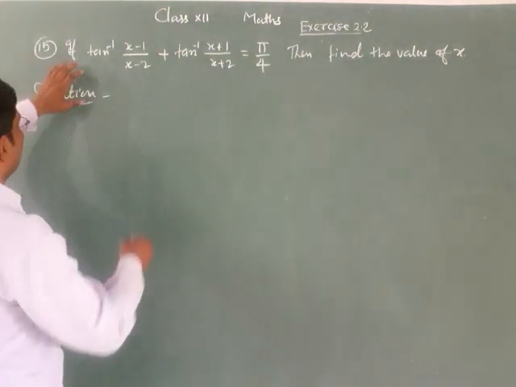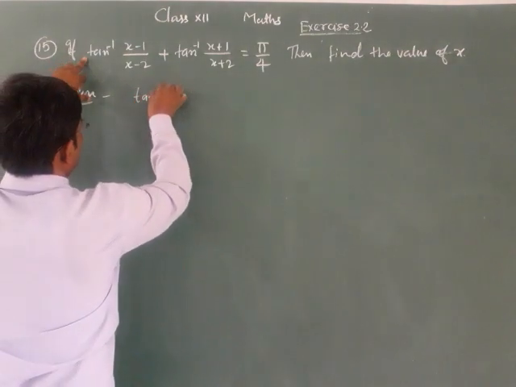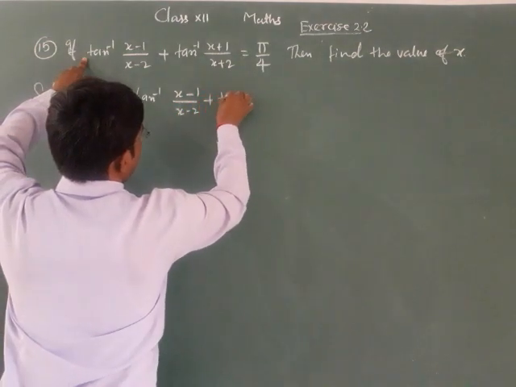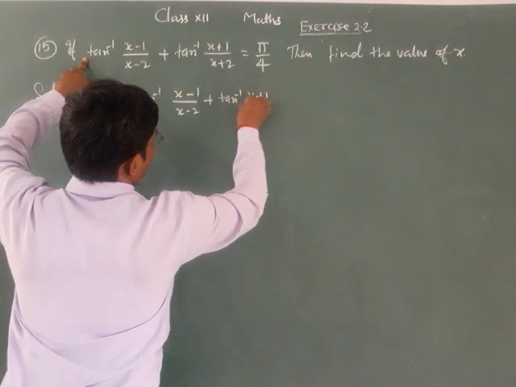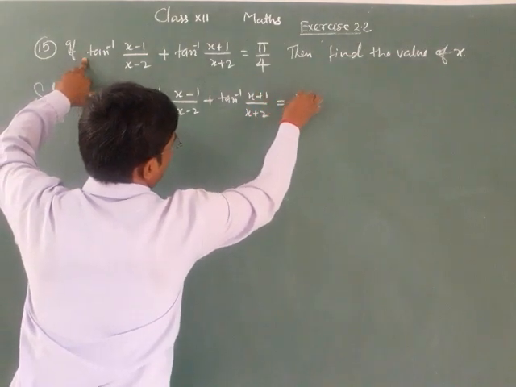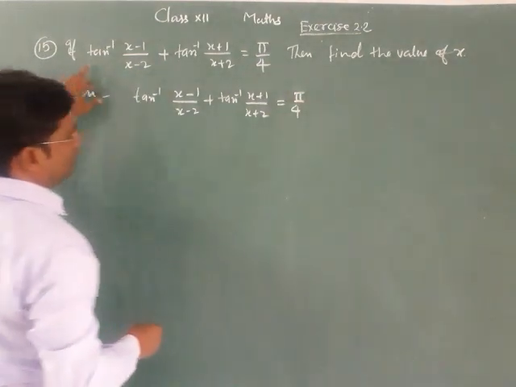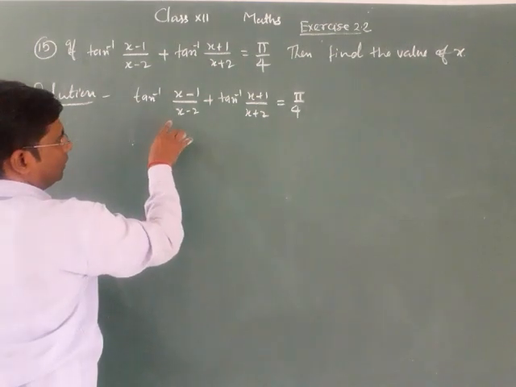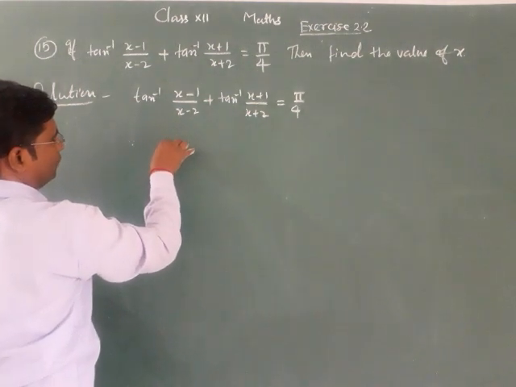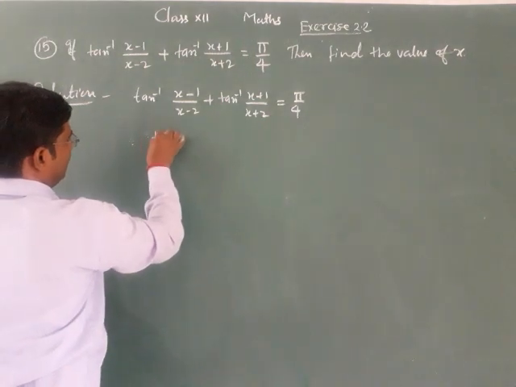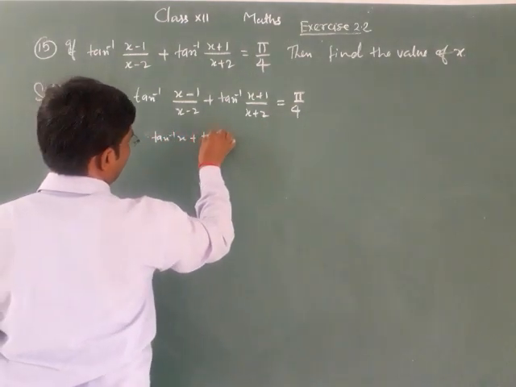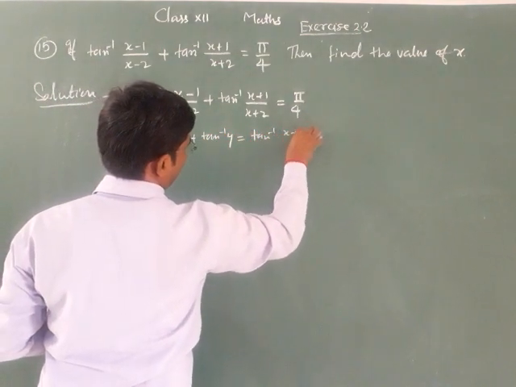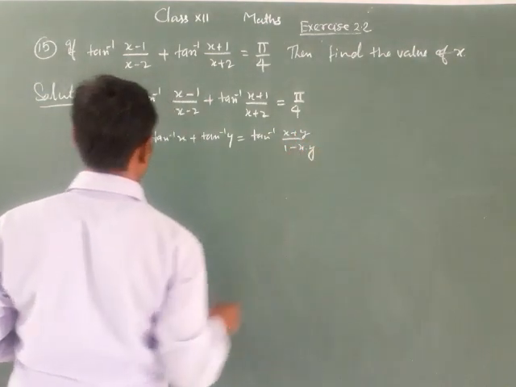Now given in the question tan⁻¹((x−1)/(x−2)) + tan⁻¹((x+1)/(x+2)) = π/4. Now using the formula, since tan⁻¹x + tan⁻¹y is equal to tan⁻¹((x+y)/(1−xy)).